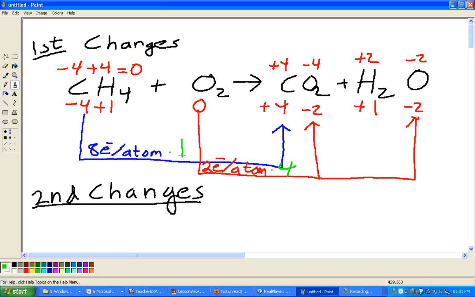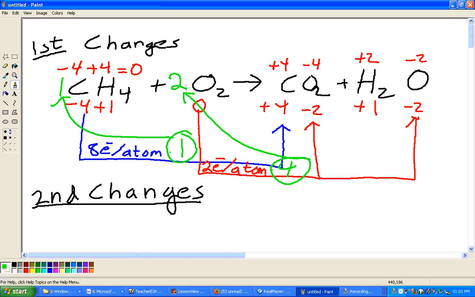That would be a happy situation. That would mean that I would have a 1 in front of here. That means I would have a 2 in front of there.